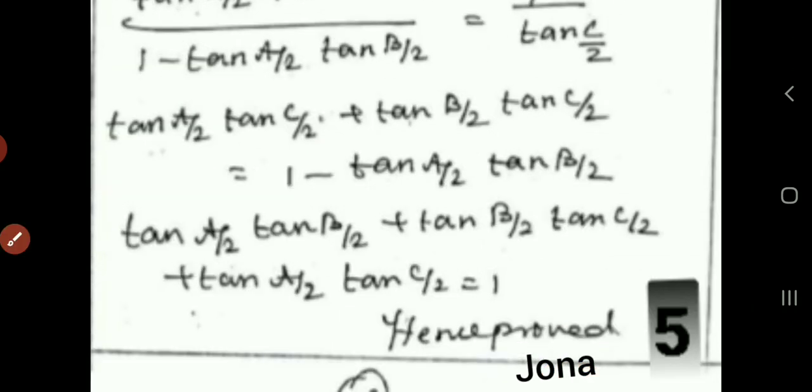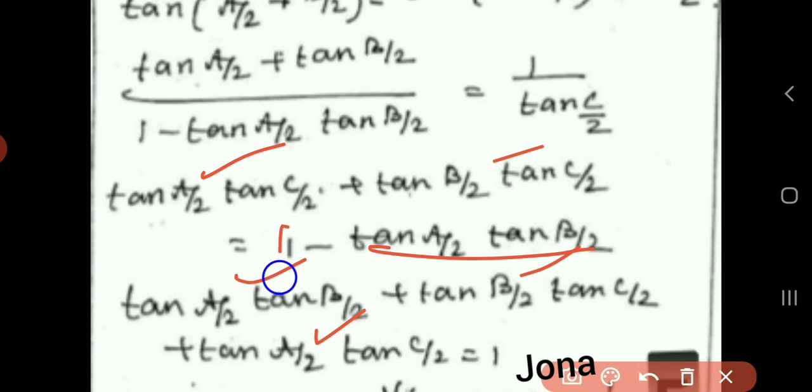Now I want to take this term to the left hand side. So it will become tan A by 2 into tan B by 2, and then this tan B by 2 into tan C by 2 is here. This tan A by 2 and C by 2 is here, which is equal to this one on the right hand side. This is the required proof now.